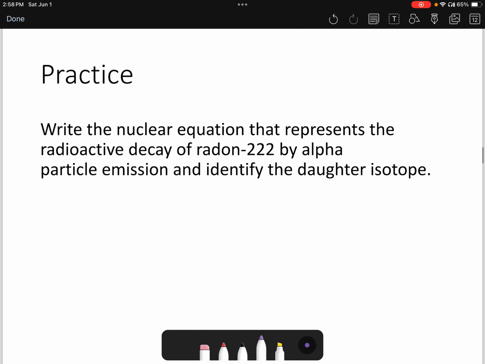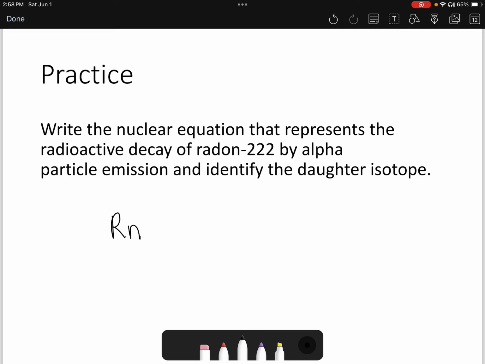So let's practice. Let's write the nuclear equation that represents the radioactive decay of radon-222 by alpha particle emission. And then we'll identify the daughter isotope. So we'll kind of do this one together. So radon has the symbol Rn.